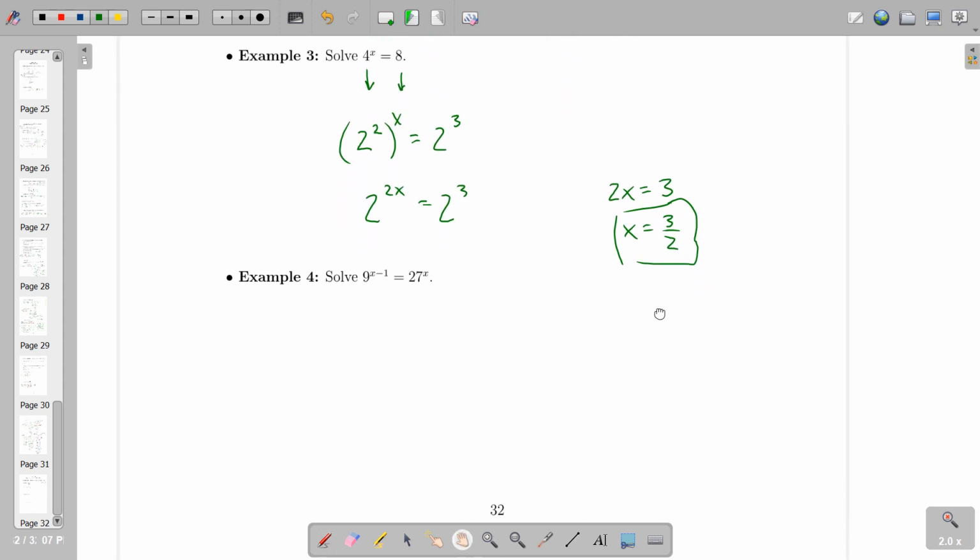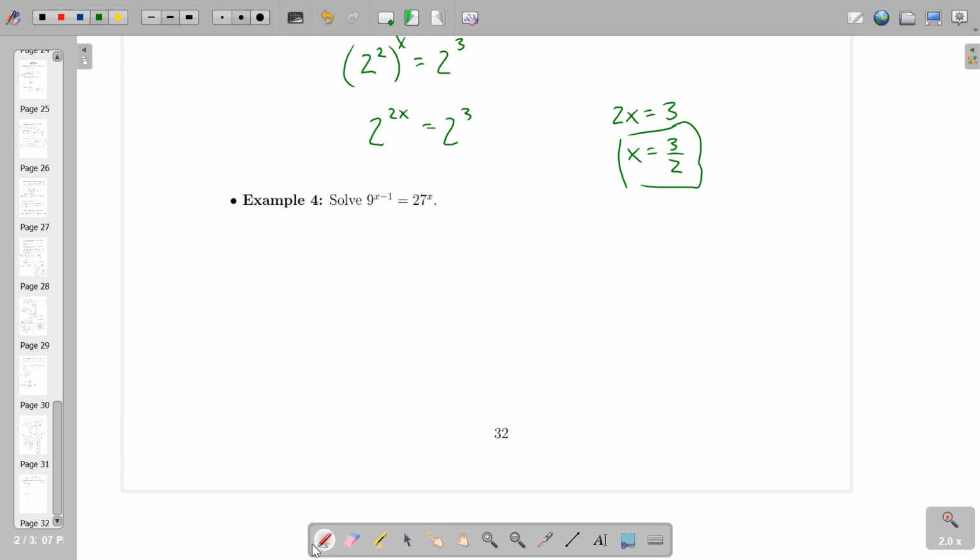All right, kind of a similar thing happening in example 4. Maybe this would be a great time to pause, try this yourself. All right. But then once you're back here, you'll recognize, okay, I can't write 27 as 9 to a power. However, I can write both of these as 3 to a power. So 9 is 3 squared, so I'll raise that to the x minus 1.